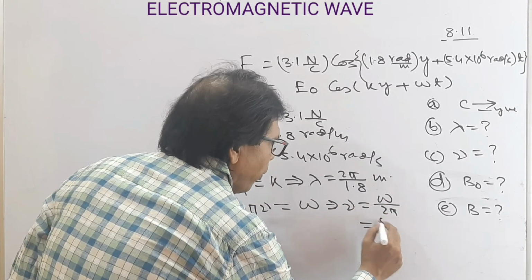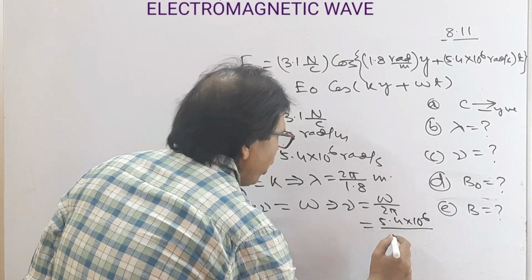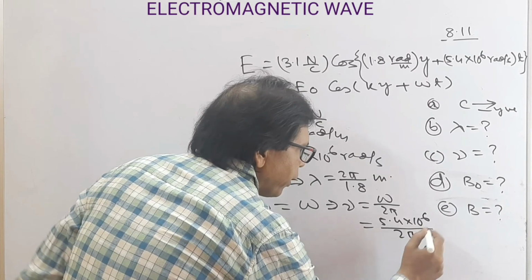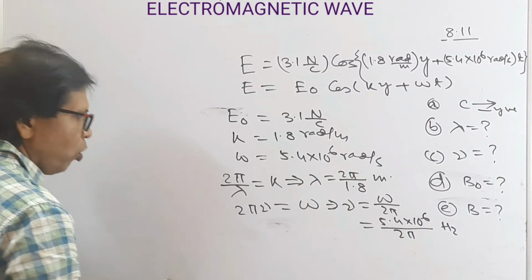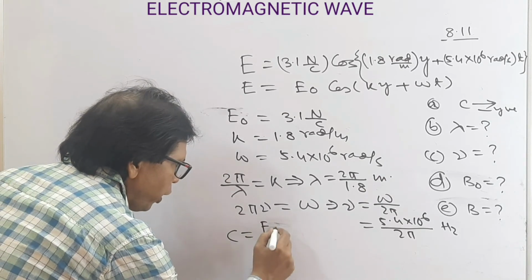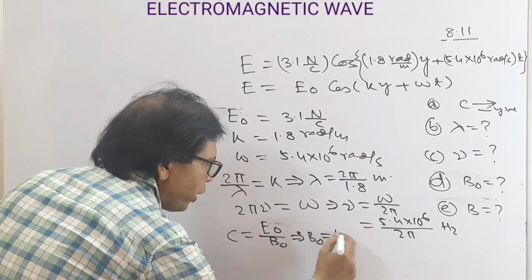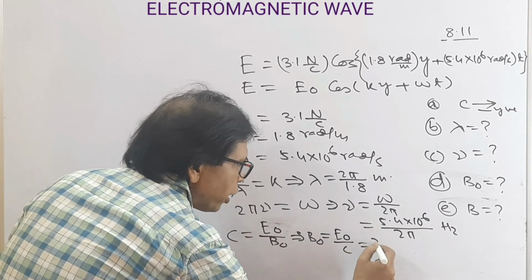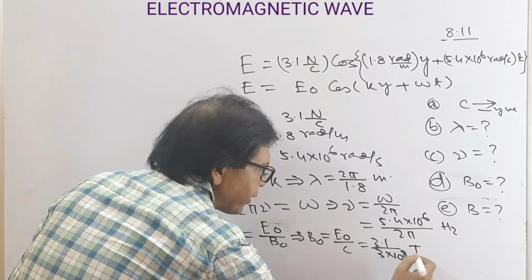So this is 5.4 into 10 to the power 6 divided by 2 pi hertz. Finally, the strength of the magnetic field. We know c equals E naught by B naught. Therefore, B naught equals E naught by c. So this is 3.1 divided by 3 into 10 to the power 8 Tesla.